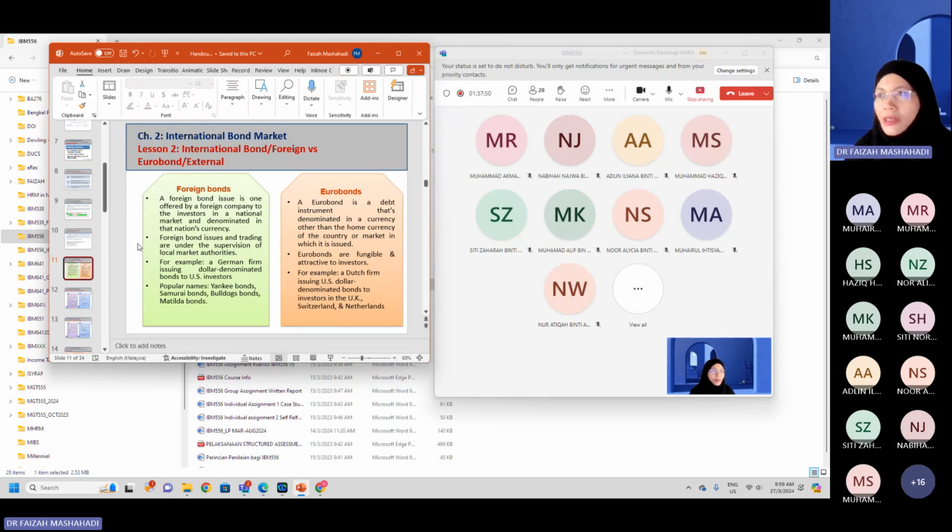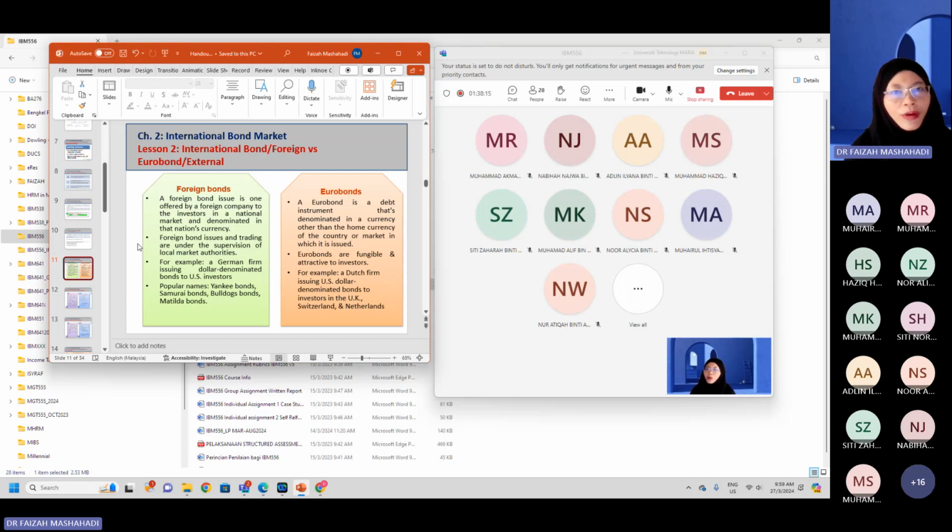All right, during the period of Tun Mahathir Mohamad. When he was the prime minister, we issued a samurai bond. Right, so meaning to say we issue bond paper denominated in yen and it is marketed in the Japanese bond market. So that bond is known as samurai bond.